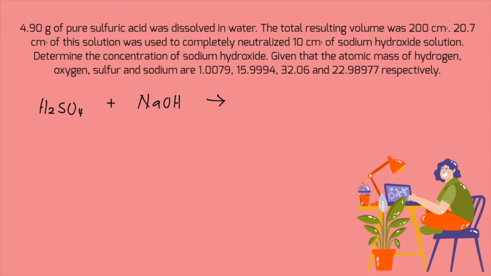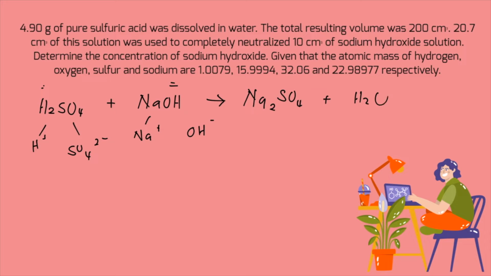So Na plus OH minus, and this one will be H plus SO4 2 minus, right? So you are going to swap these ions. So the product that you will get is Na2SO4 plus the OH and also H, so it becomes H2O.